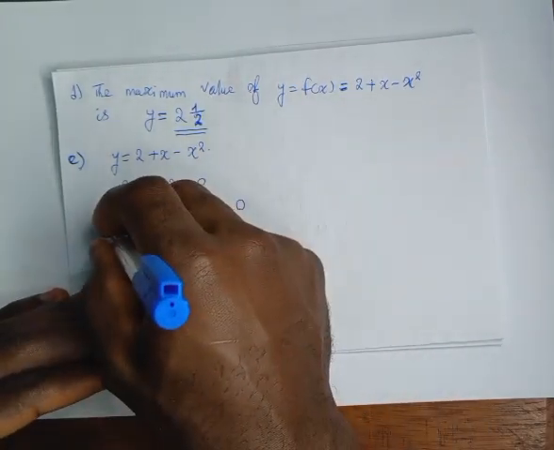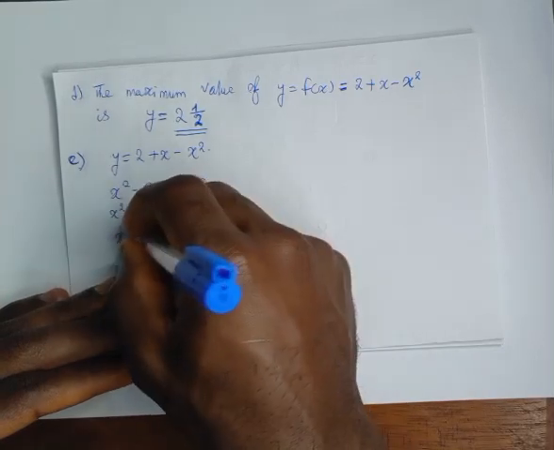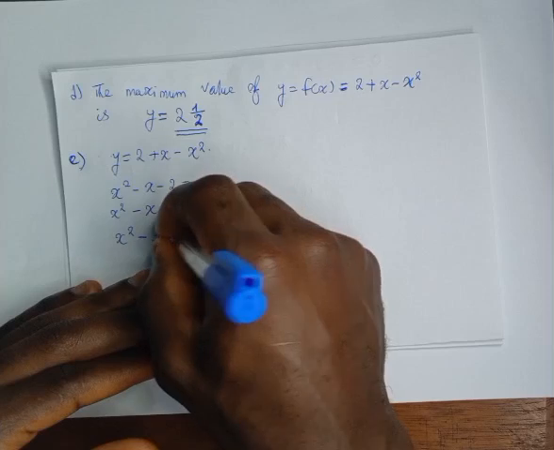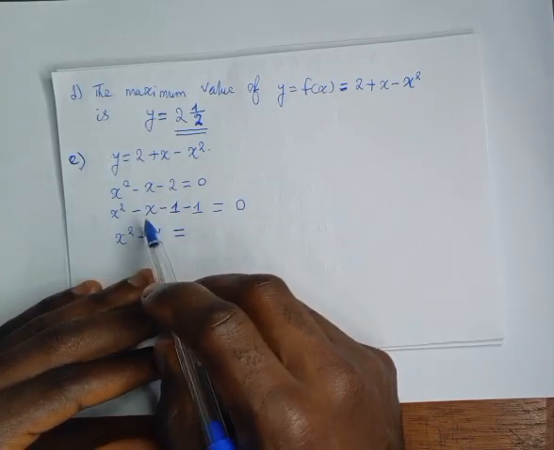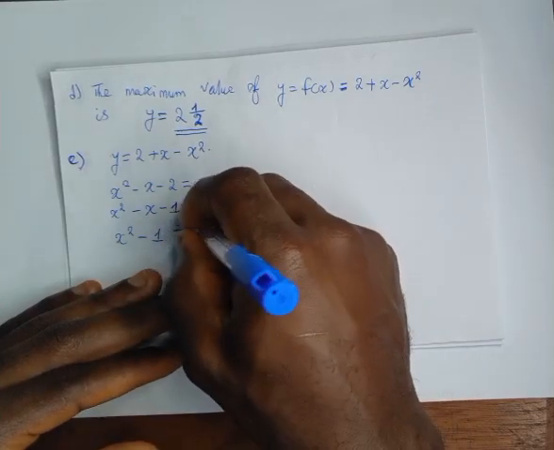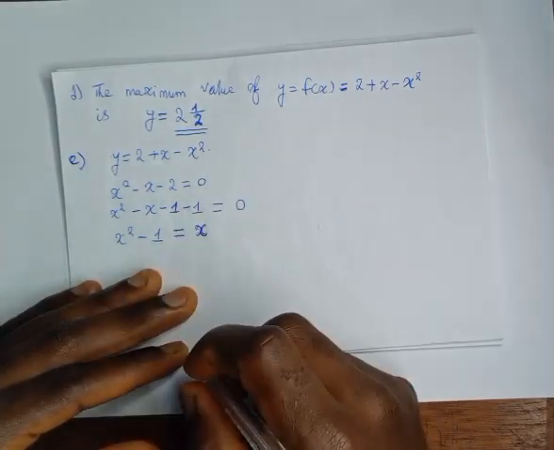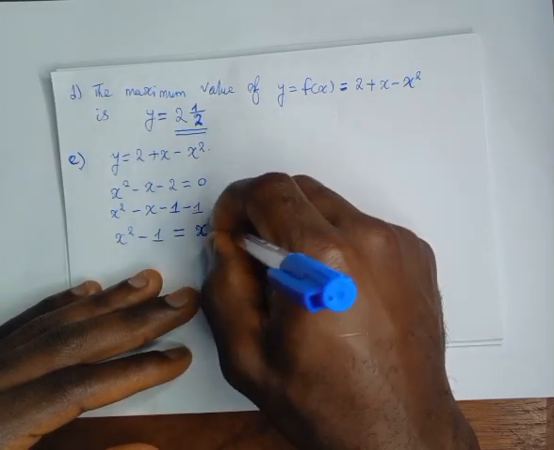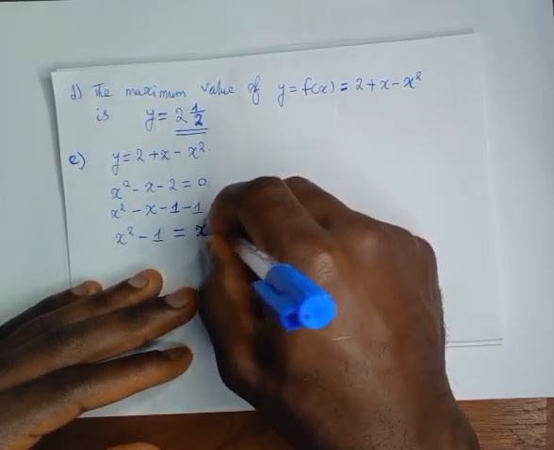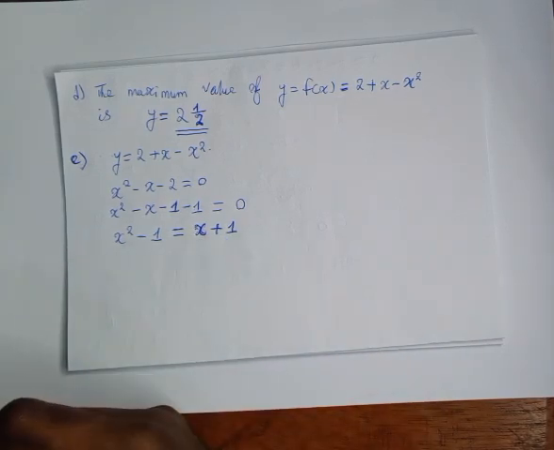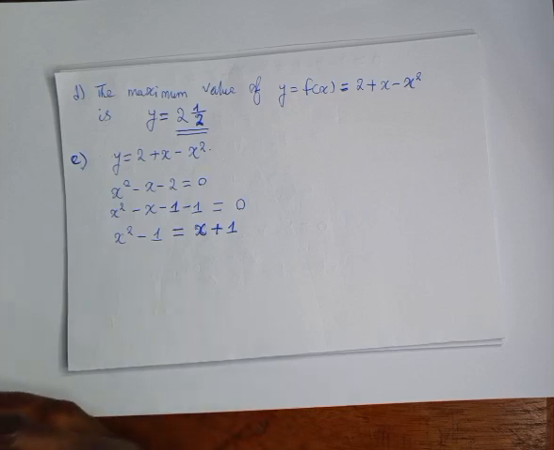Next, you can express this as x squared, we leave -1 here, x squared minus 1 equal to, we are going to transfer negative x to the right hand side, which becomes positive, gives us x. Then we transfer this other -1 to the right hand side, which becomes positive 1. So this is the same as x plus 1. x squared minus 1 is equal to x plus 1.